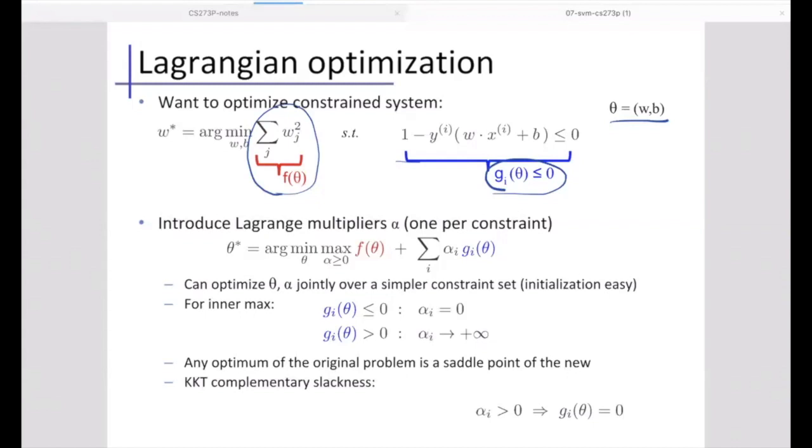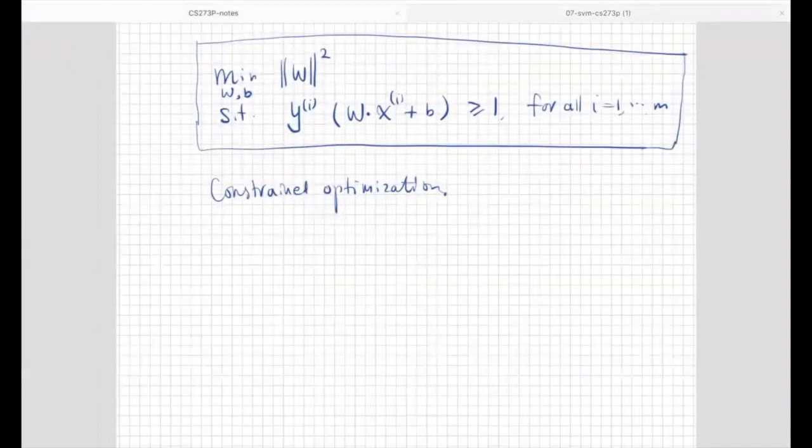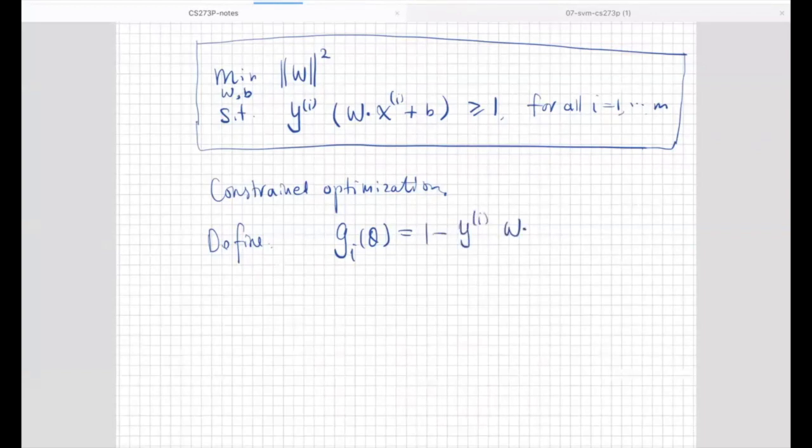So if you do it this way, let's go back to what I wrote on this side. Let's define gi of theta to be 1 minus yi times (w dot xi plus b).